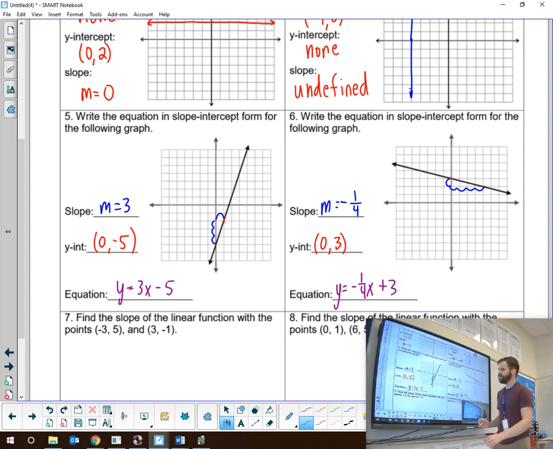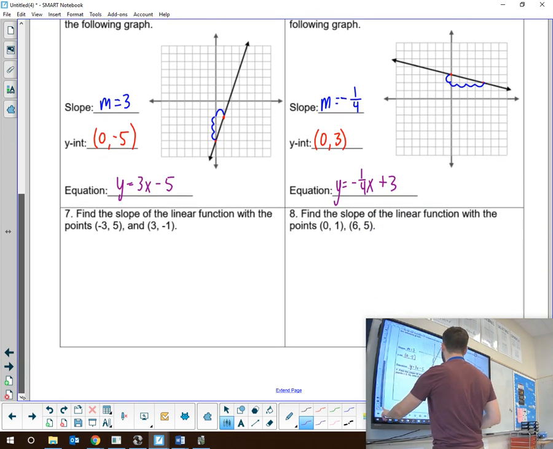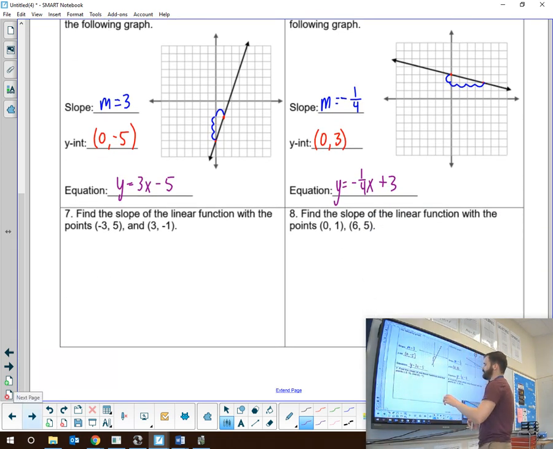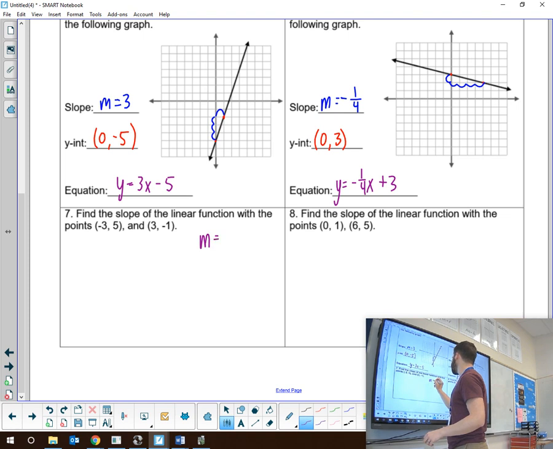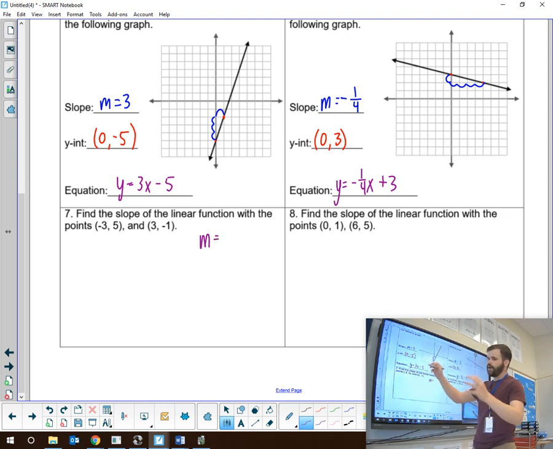All right, our last 2 questions, number 7, number 8. Number 7, it says find the slope of the linear function with these points, negative 3, 5, and negative 3, negative 1. So, if you remember, our formula for slope is slope equals the change in y over the change in x.